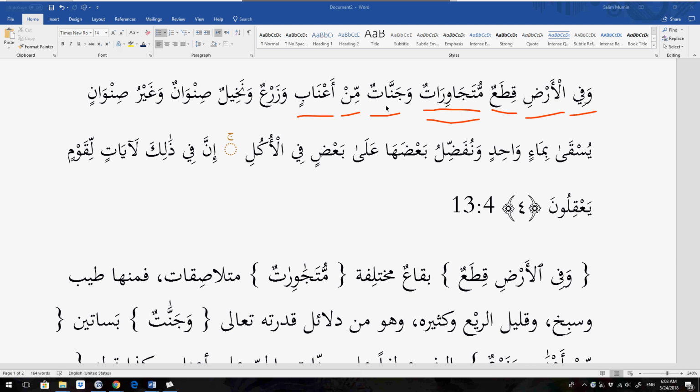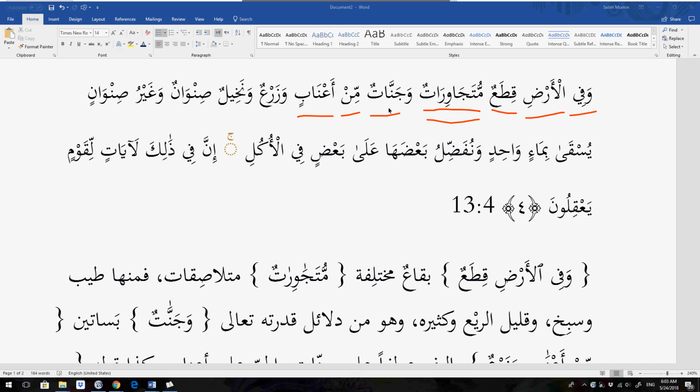Jannatun is a word that's used metaphorically and also literally, in plain speech. So here it's being used in plain speech because we're talking about gardens of vines, the grapevines. So it would not be a metaphor.